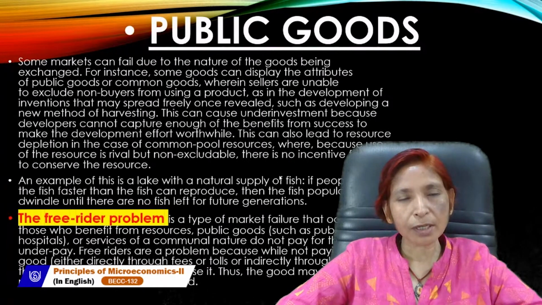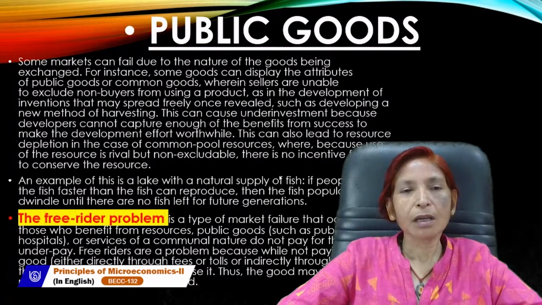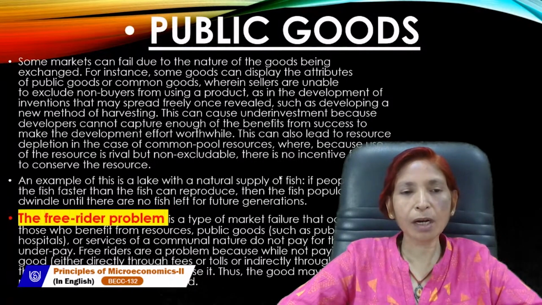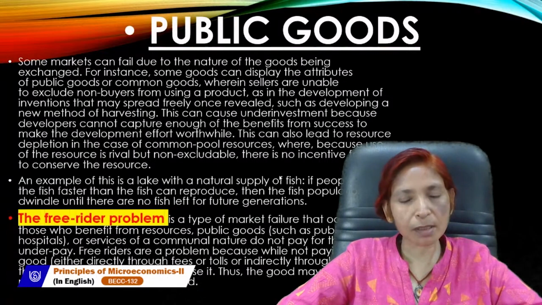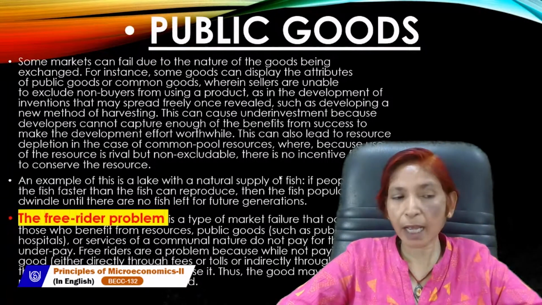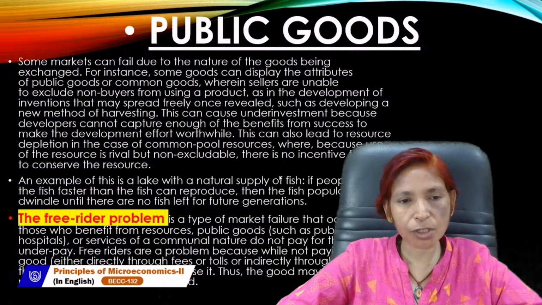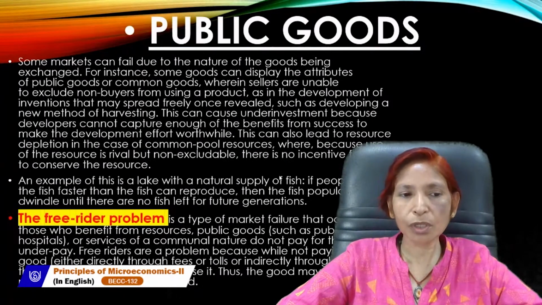Generally, a public good is a good which is used by all, and you can't exclude anyone from the consumption of that commodity. For example, there is a lake with a natural supply of fish. If people catch the fish faster than the fish can reproduce, then the fish population will dwindle until there are no fish left for future generations.